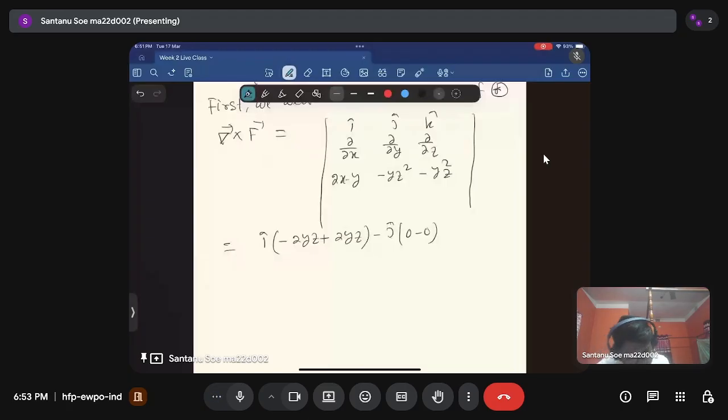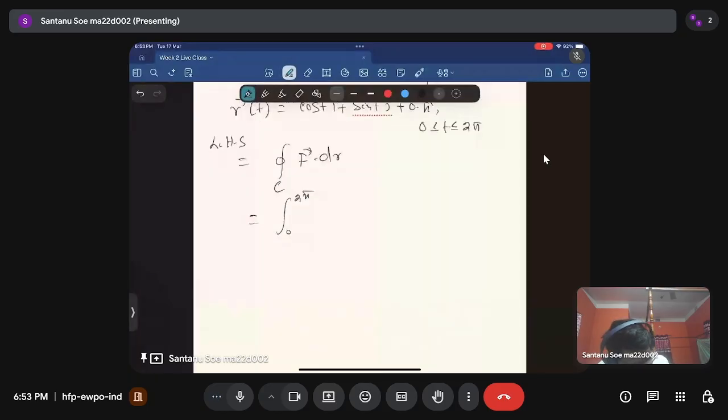So this can be written as the integral from 0 to 2 pi of f dot dr by dt, dt. So it can be written as 2 cos t minus sin t into minus sin t, because z is 0.